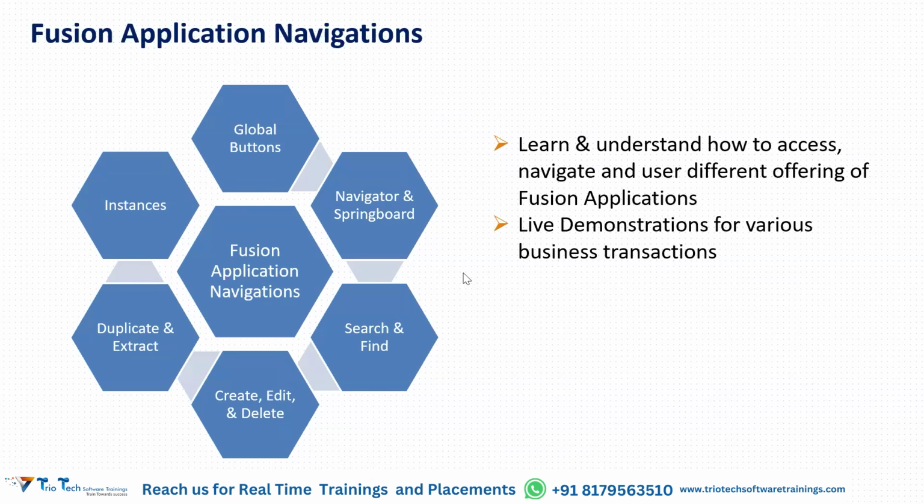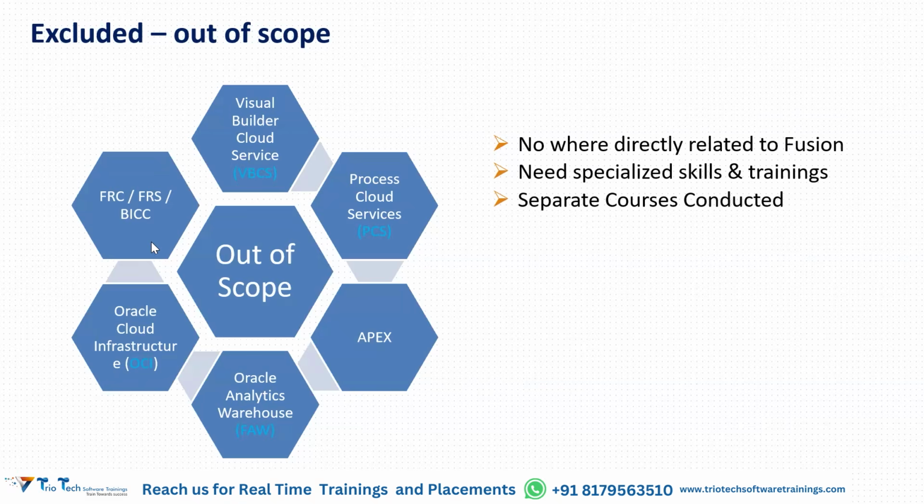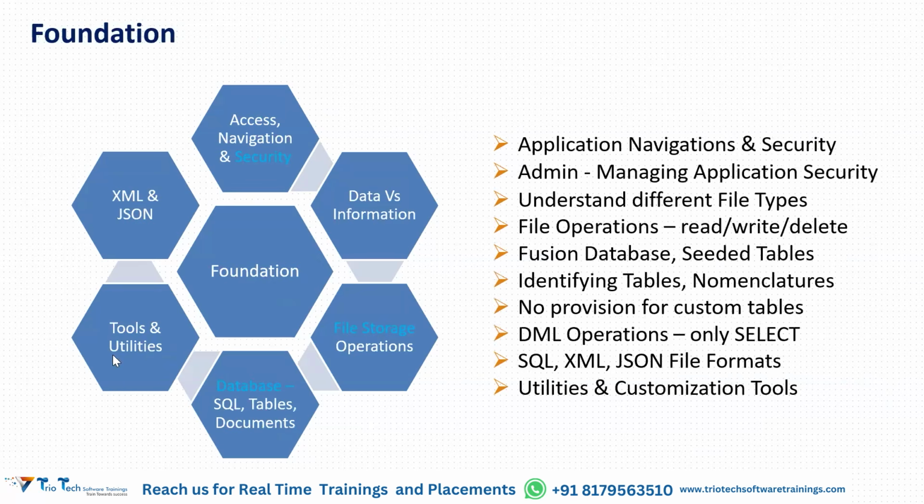Then guys, as I claim, you are not going to end up as a Fusion technical consultant, but as a Fusion techno-functional consultant. Why am I claiming this? Because we are going to teach you what an instance is, how to access the instance, what different software we are going to access, different sorts of utilities. These 10, 15 utilities that we are going to learn are the work of a functional consultant.